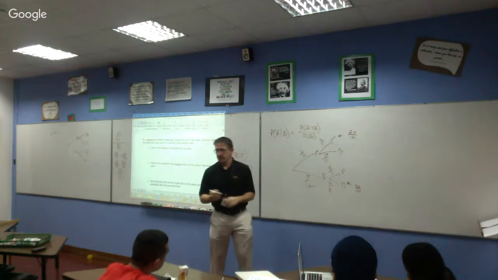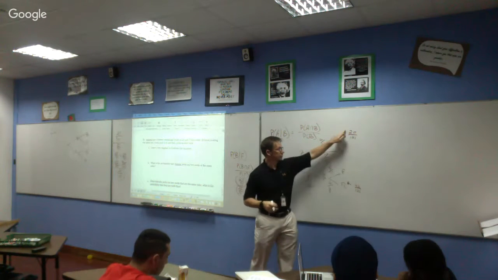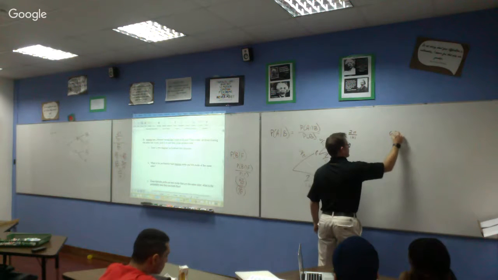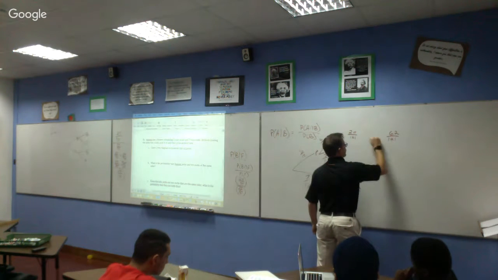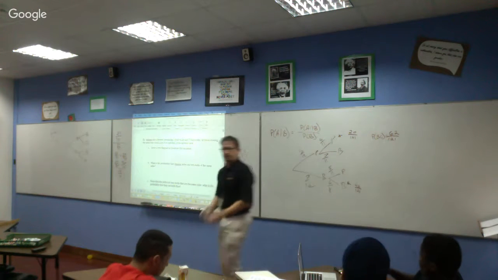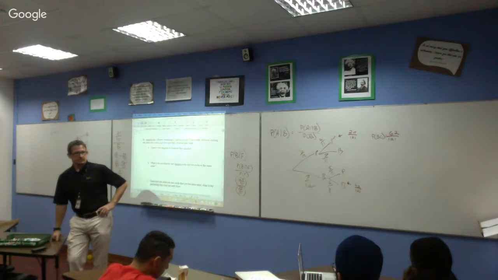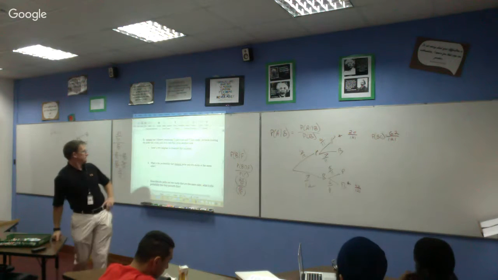So, what is the probability that she gets the same color socks? Just a second. 42 plus 20? 62 out of 121. Probability of same color. You straight? Yeah. Okay.